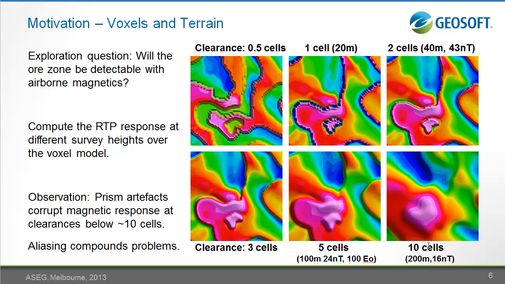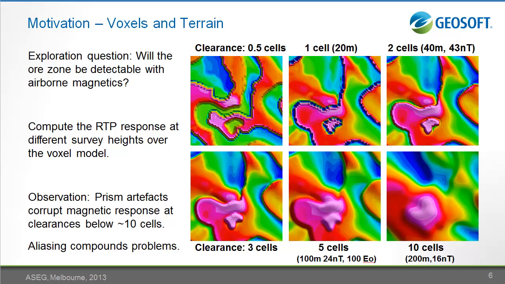But at this stage the response has gone down to 16 nanotesla, and you'll notice that we're not seeing any real evidence of this rhyolite dike which was running through the model. It should run through about here. So this is showing us that if we're using a prism-based model, we really need to be about 10 cells above the model, a clearance of 10 cells, before we can avoid serious prism artifacts.